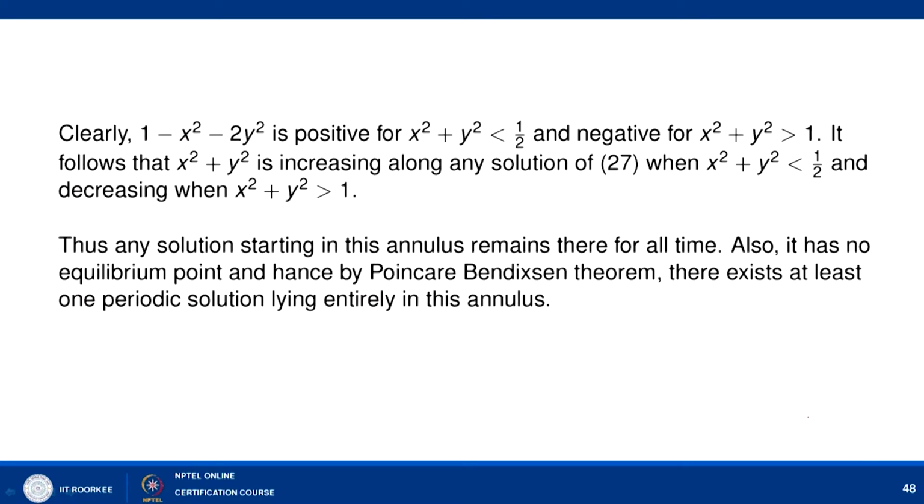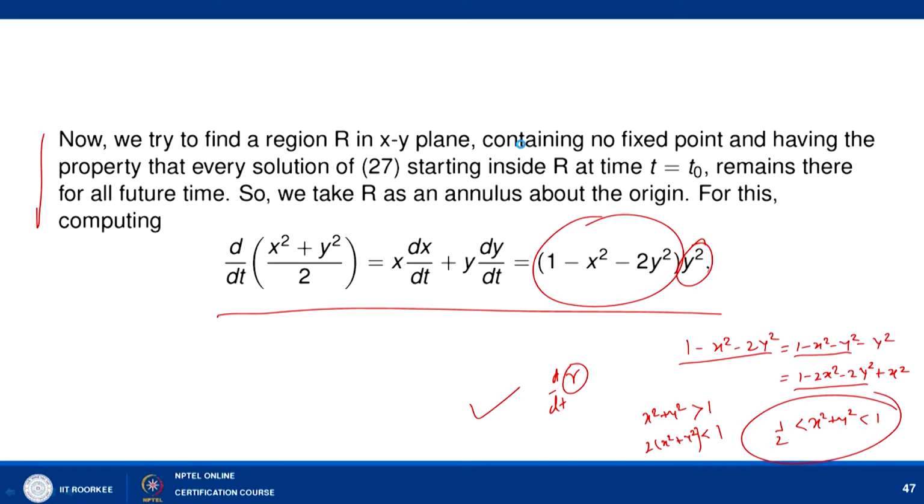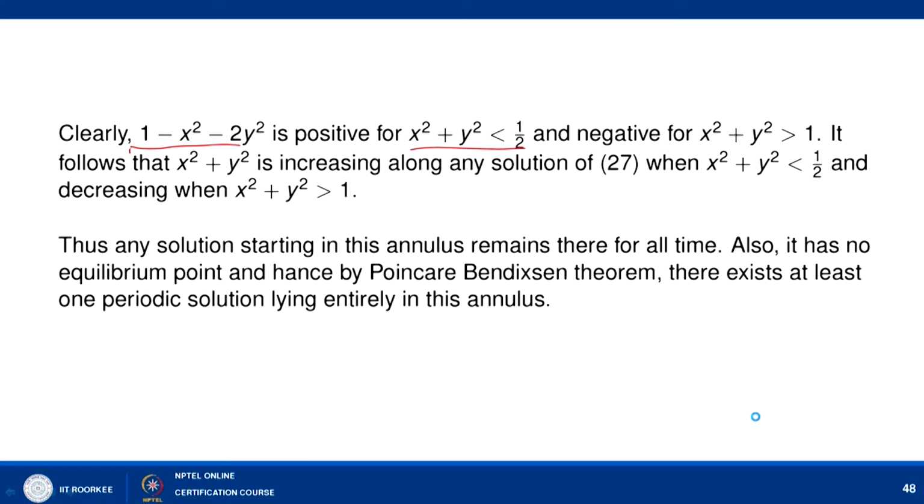Here 1 minus x square minus 2 y square is clearly positive for x square plus y square less than 1 by 2 and negative for x square plus y square greater than 1. So, it follows that x square plus y square is increasing along any solution of 27 when x square plus y square is less than 1 by 2 and decreasing when x square plus y square is greater than 1.